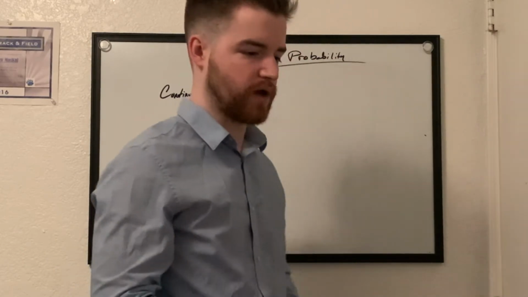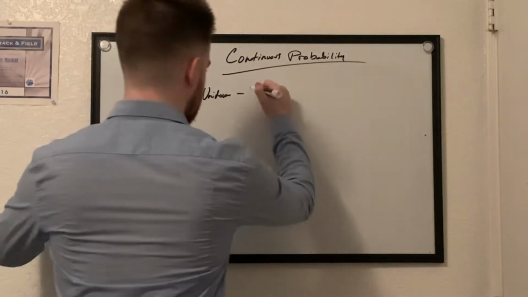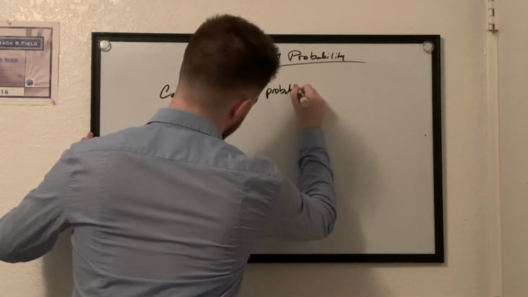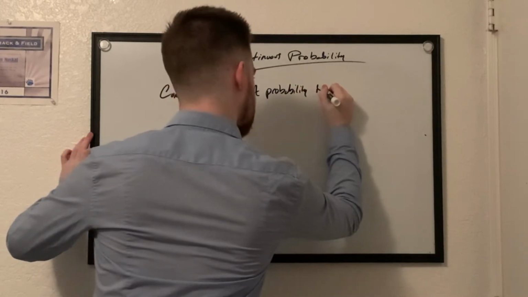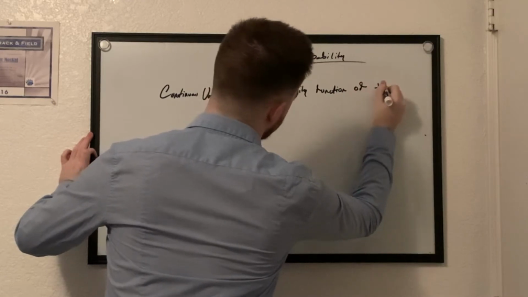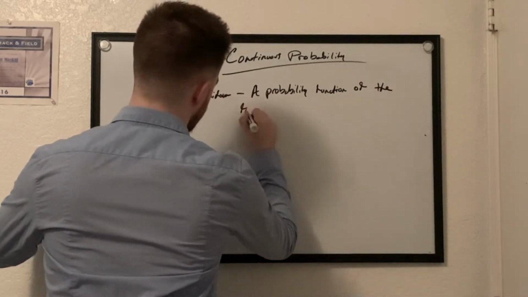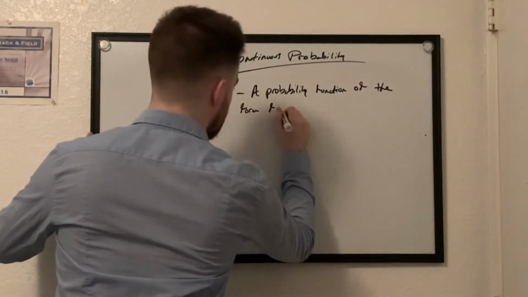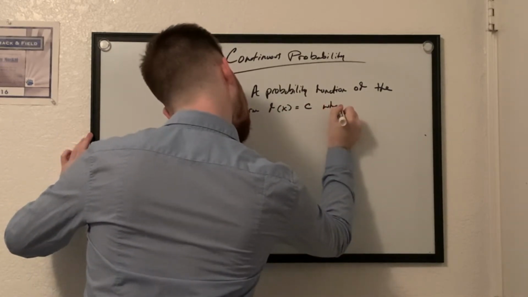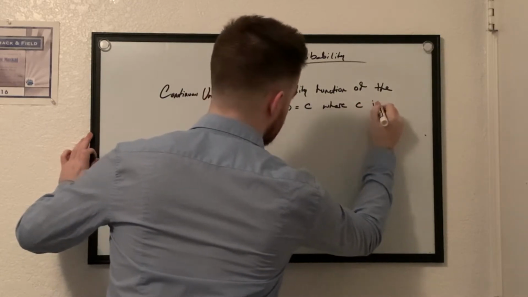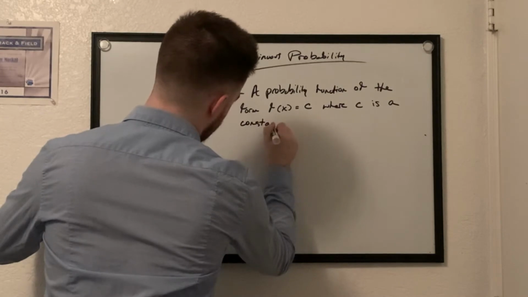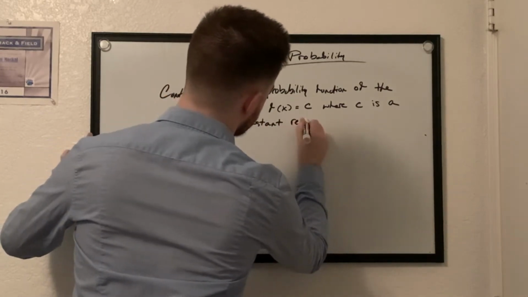Let me write this down. Continuous uniform is a probability function of the form f of x equals c, where c is a constant real number.